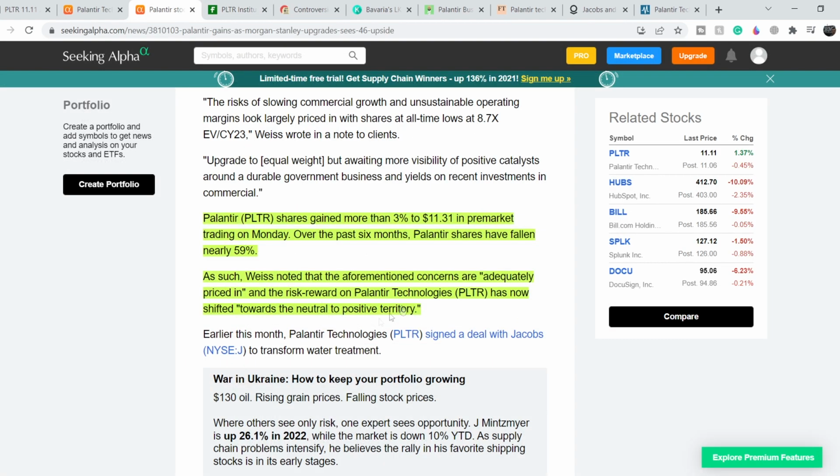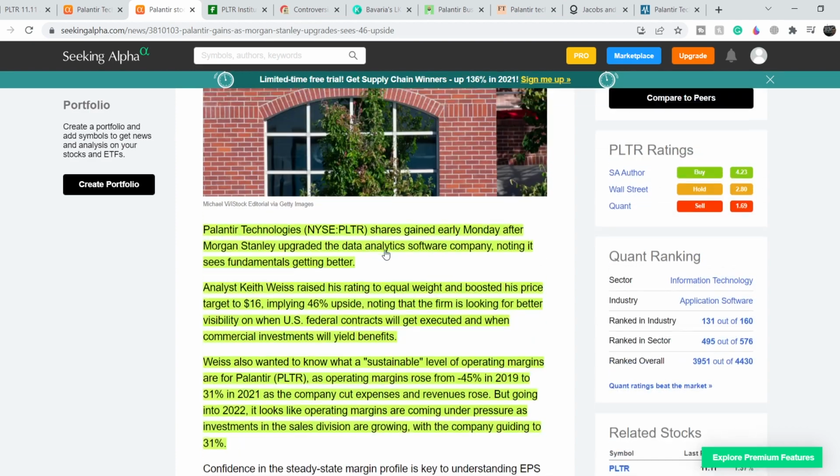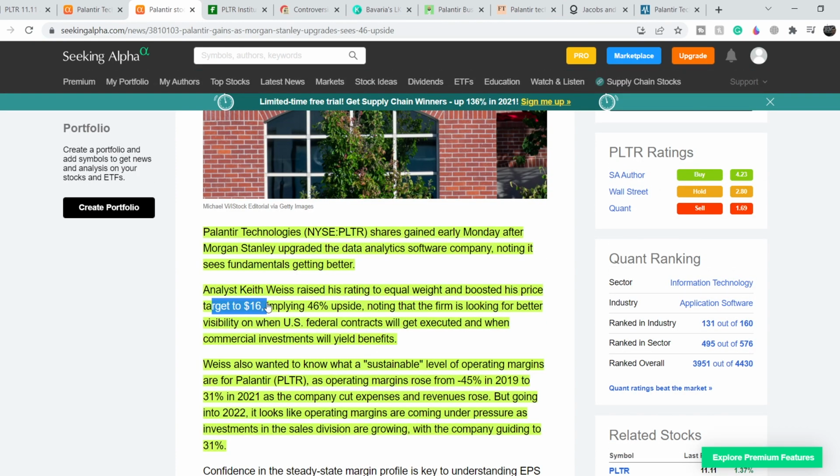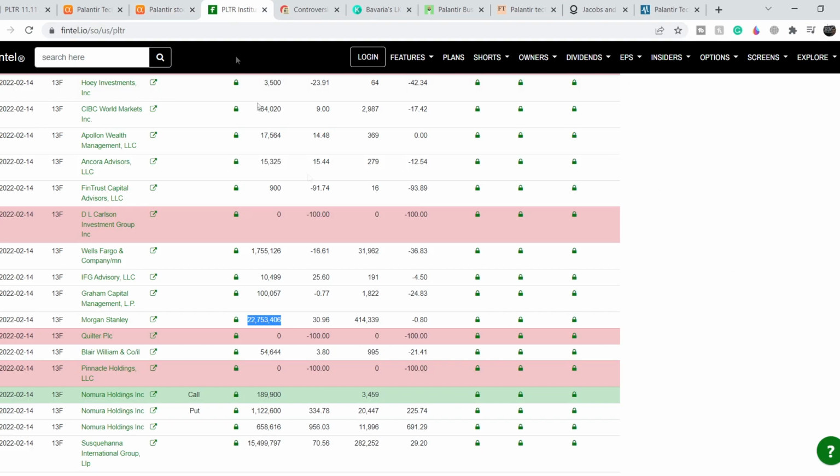But with their price target of $16, right here as you can see, why in the world did they increase their position with an average price that is higher than their price target? It doesn't make sense. And I have to say that we can see a lot of these discrepancies in the forecasts from analysts. So let's continue with another news.